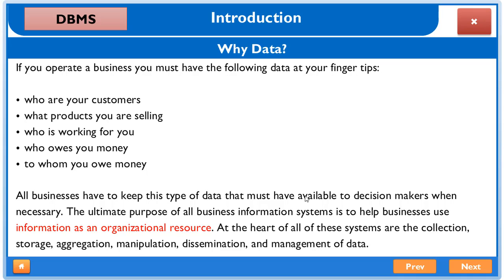All businesses have to keep this type of data, which must be available to decision makers when necessary. The ultimate purpose of all business information systems is to help businesses use information as an organizational resource. At the heart of all of these systems are the collection, storage, aggregation, manipulation, dissemination, and management of data.